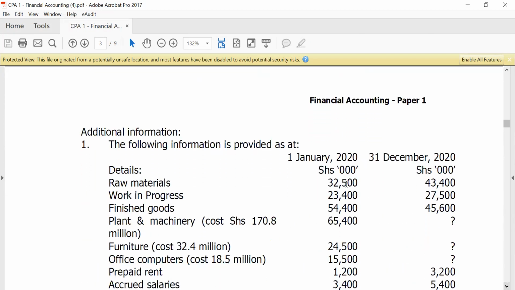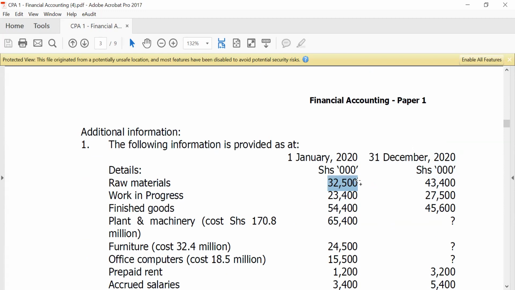So right here in the additional information that has been provided, we have details as at 1st January 2020, and then we have other details as at 31st December 2020. So whatever detail is here, these are the opening values. So if I'm looking for opening inventory of raw materials, then 32,500 is actually the opening inventory of raw materials.